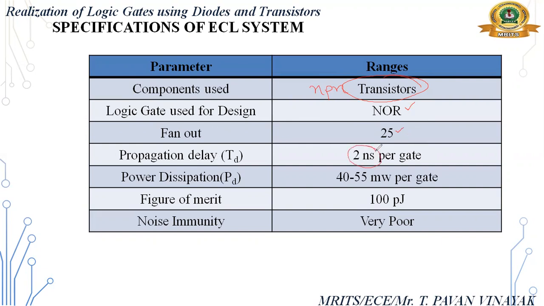Propagation delay is 2 nanoseconds, so it is very fast compared to all other logic families. Power dissipation is 40 to 55 milliwatts. Figure of merit is 100 picojoules. Next, MOS transistor.